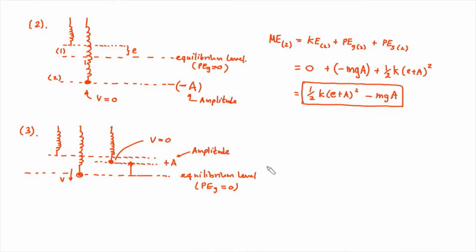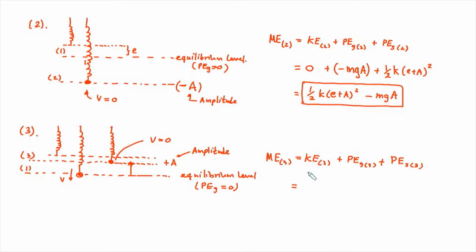So looking at this, again, I can write the mechanical energy of the system at level 3. So this is level 3, and if you recall, this is our level 1. That's again kinetic energy at level 3 plus potential energy due to gravity at level 3 plus potential energy due to spring at level 3.